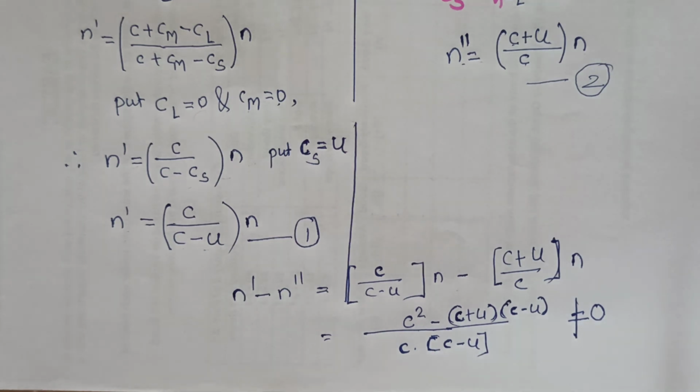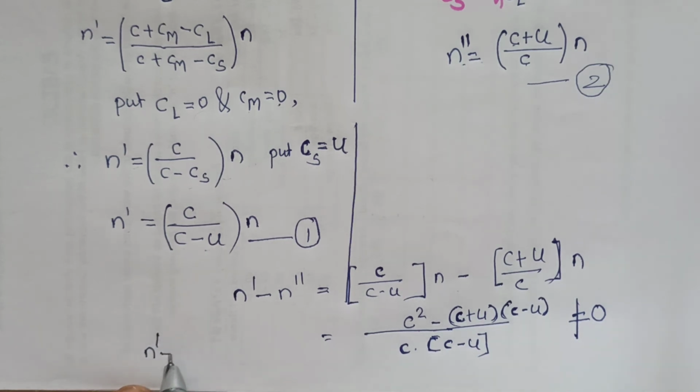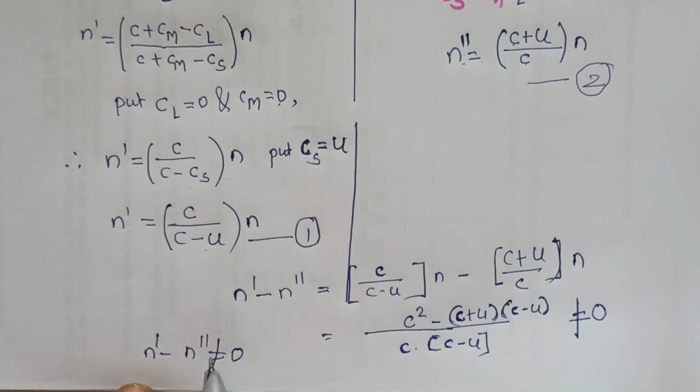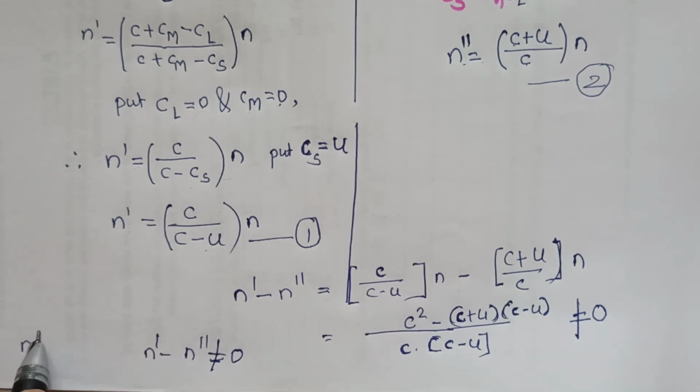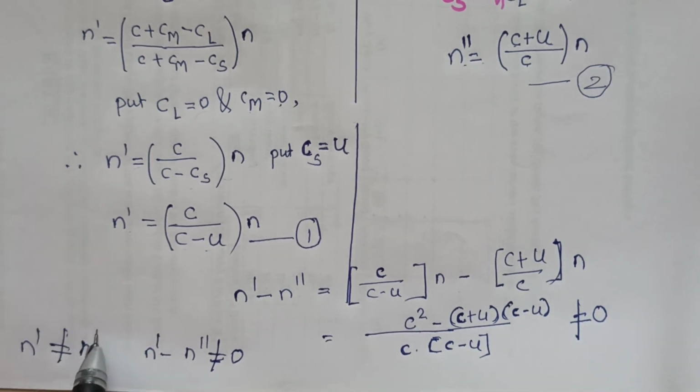It shows that n dash minus n double dash is not equal to 0. It means that n dash is not equal to n double dash.